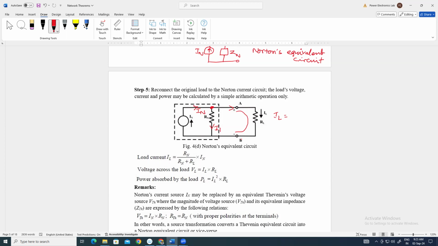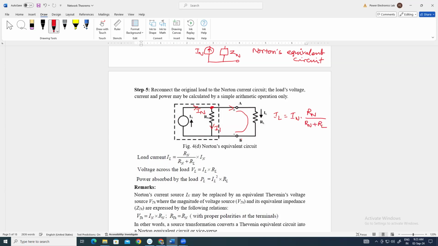So what will be the value of IL? IL is nothing but the supply current IN multiplied by, in the numerator, the opposite resistor or opposite element value, that is Rn, divided by the sum of these two, Rn plus RL.